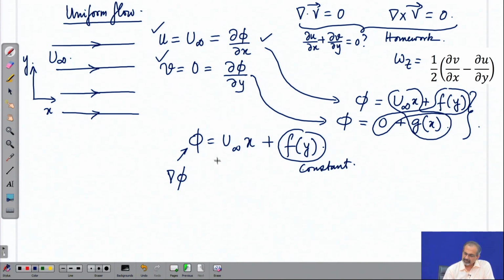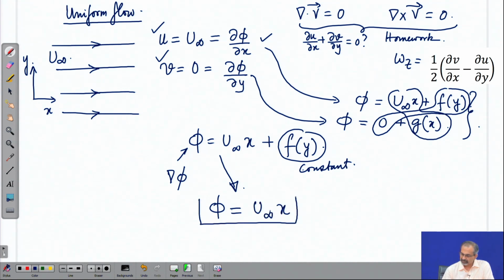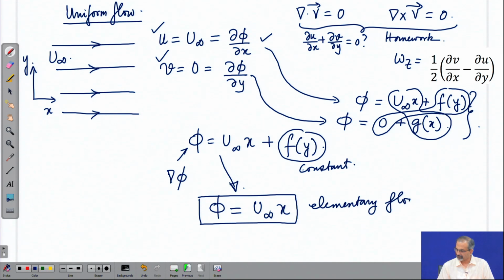So, finally, without losing any generality, you can say that the phi for the uniform flow field is equal to u infinity x. That means, this is a possible elementary flow.